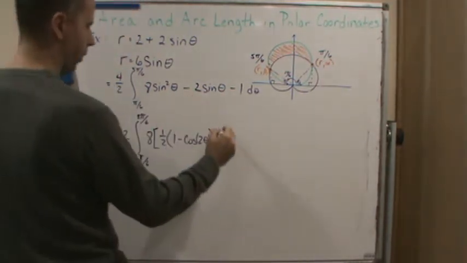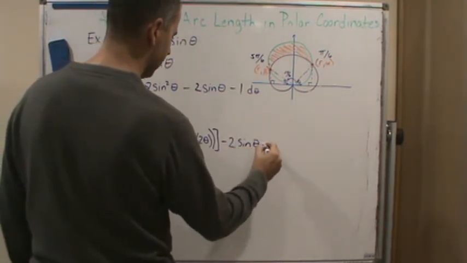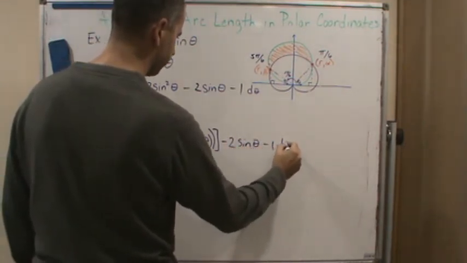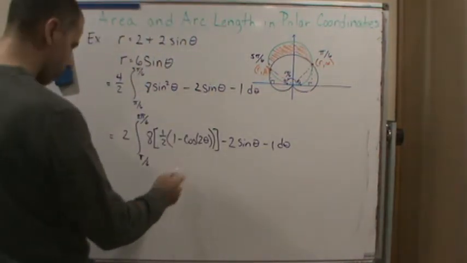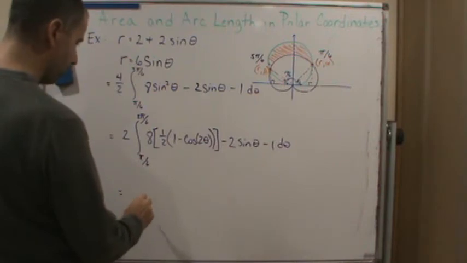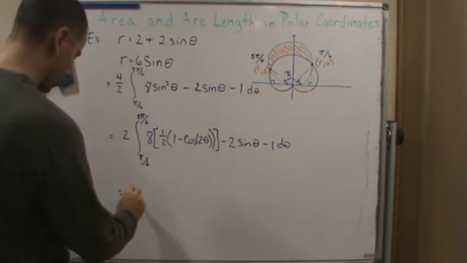Okay, and then of course, minus 2 sine theta minus 1 d theta. And so again, what do I get? Let's do this.